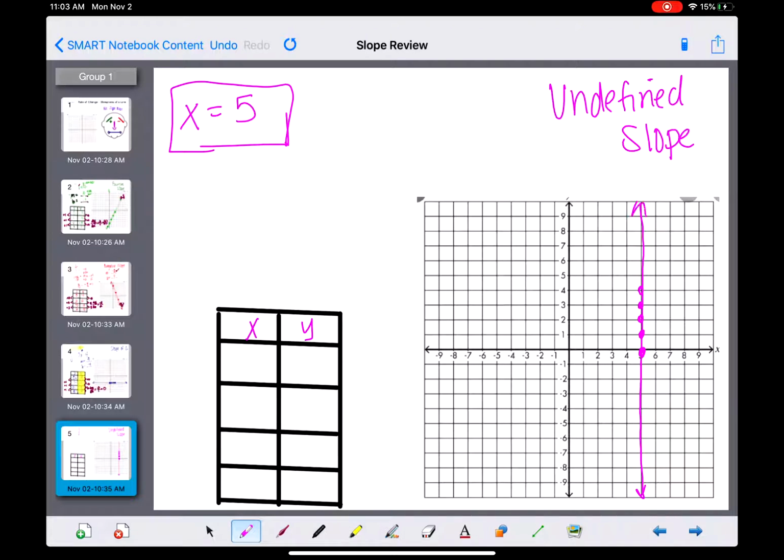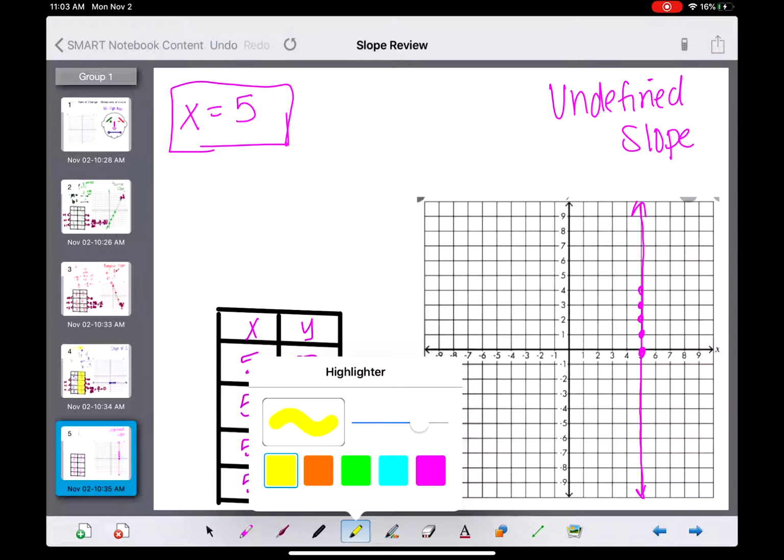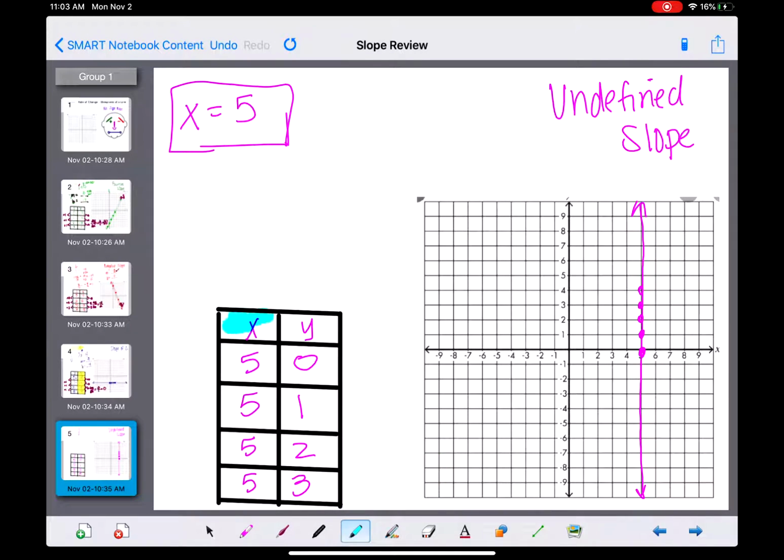If I write down a few points, I have (5, 0), (5, 1), (5, 2), (5, 3). It's important to note that every single x value is 5, and our equation is x equals 5.